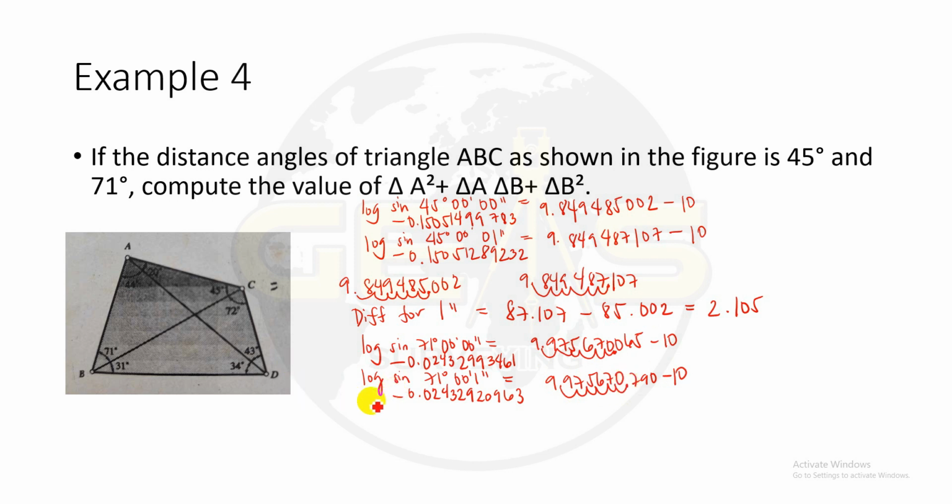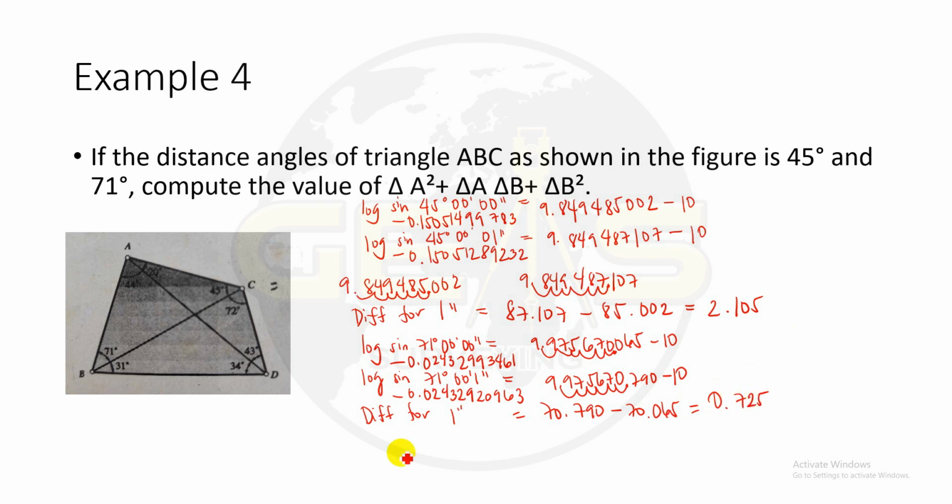Okay, so for 71 degrees, the difference for 1 second error is 70.790 minus 70.065 is equal to 0.725.